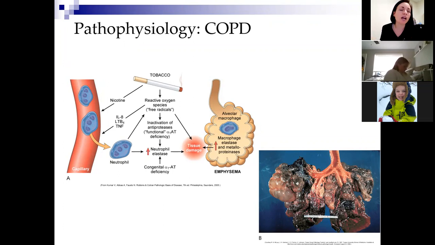This functional A1AT has to do with a different receptor, and it's actually a protein that's produced in the body, and it's a protective protein. There are some studies that show that non-smokers who have COPD might have a deficiency of A1 antitrypsin. So scrub that out of your mind. You don't have to know that for exams. That just happens to be in this image.